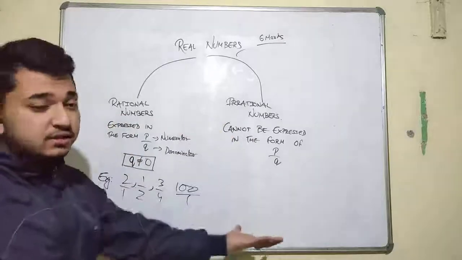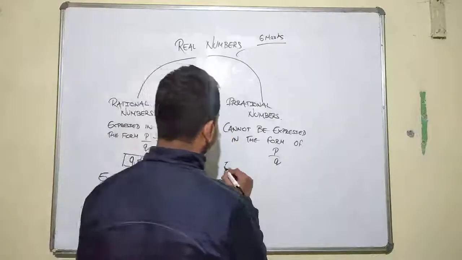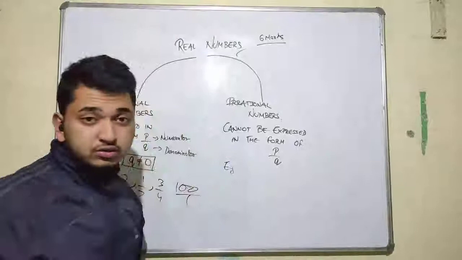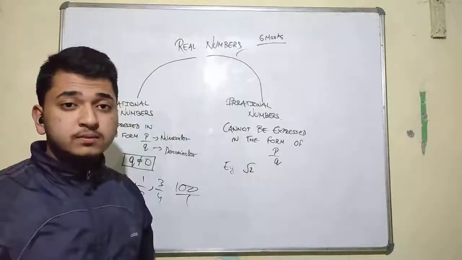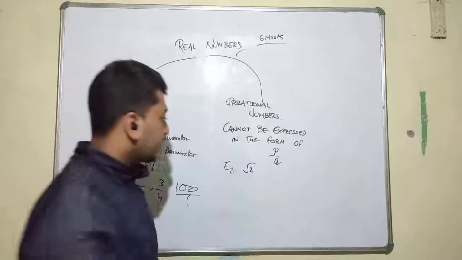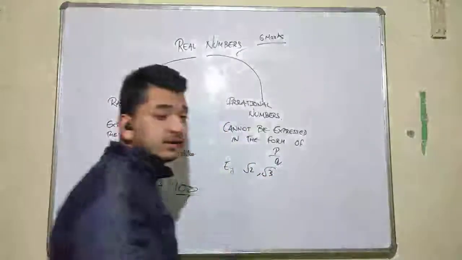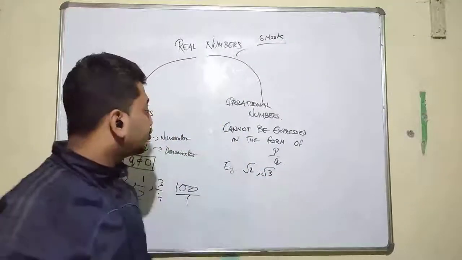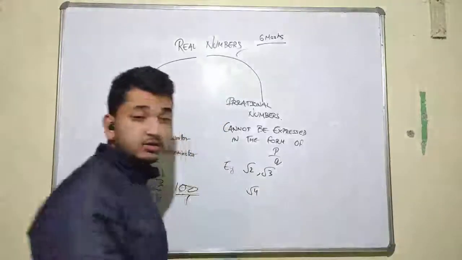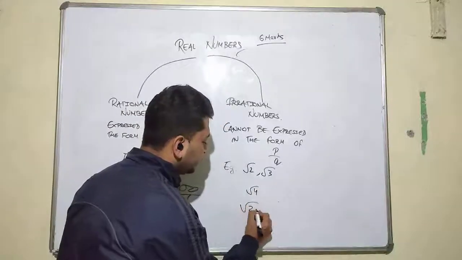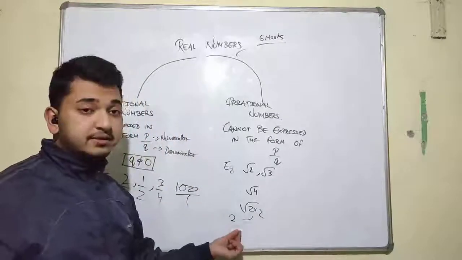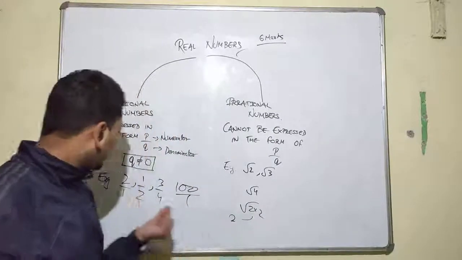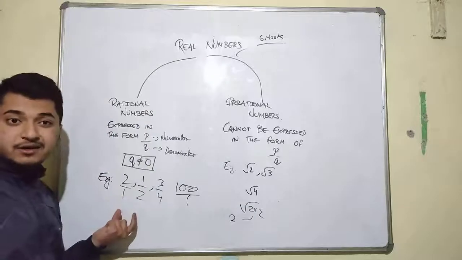So what are irrational numbers? Now, examples of irrational numbers. So like the numbers √2 is irrational. √3 is your irrational number. But √4 is not irrational, because √4 can be taken out and it can be termed as 2. 2 is your rational number.